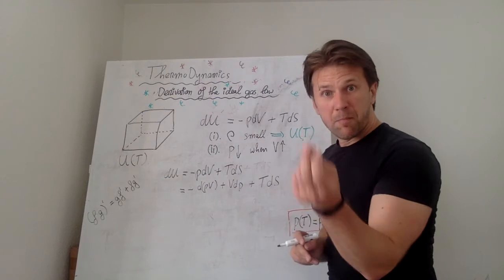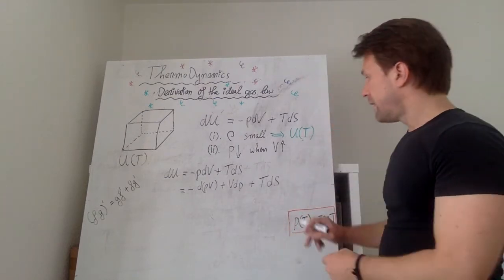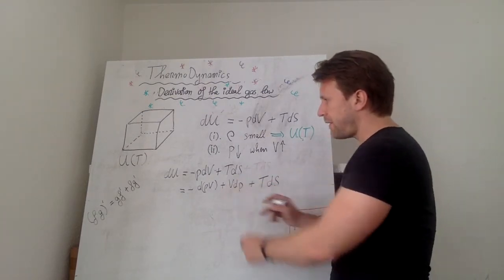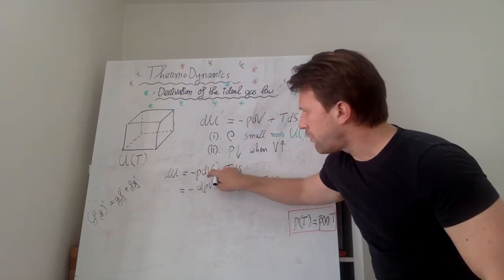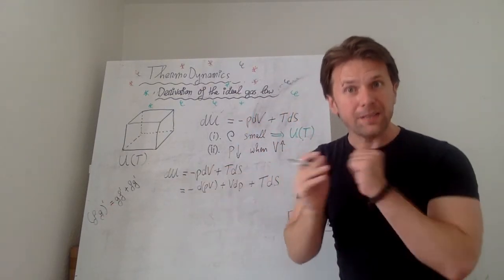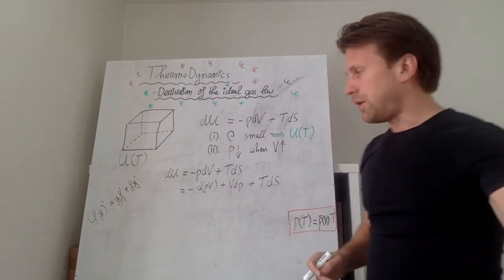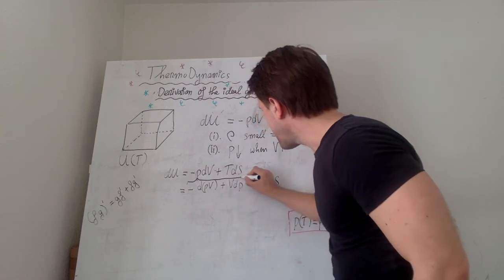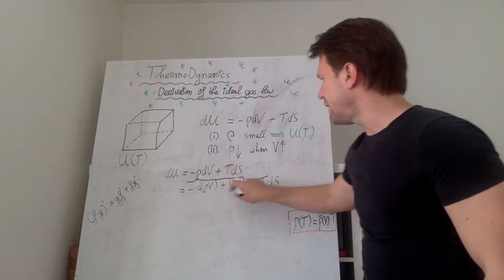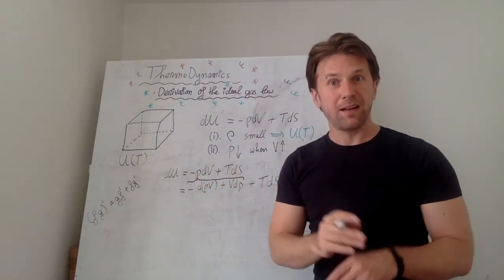I get another minus VdP, but that is cancelled by this one. So if I use the product rule on this thing, then you get back what I had originally. So it's really just the same thing. No physics happened here, it's just a product rule differentiation that made me turn all of this into that. Okay, so it's mathematically true.